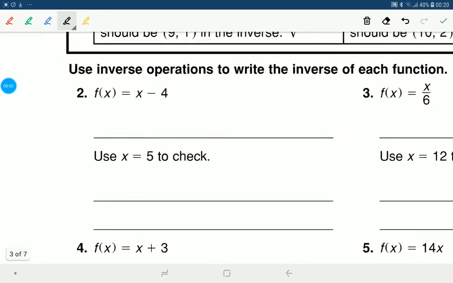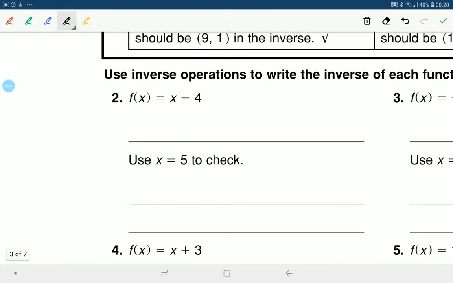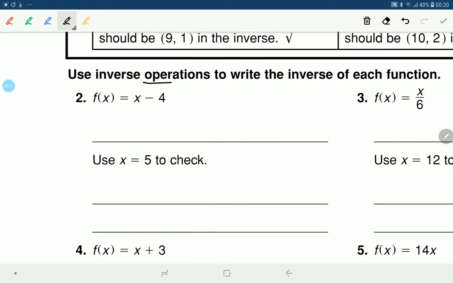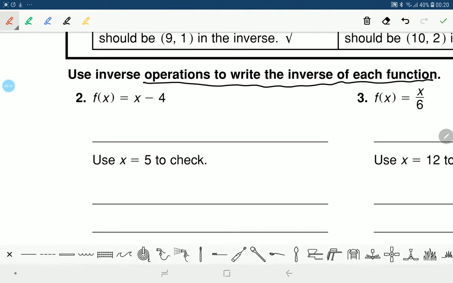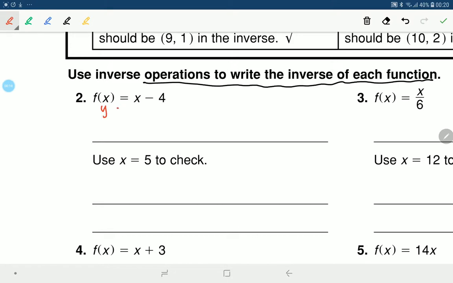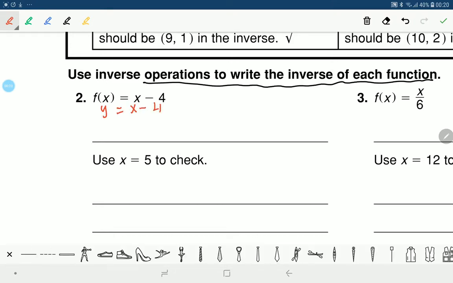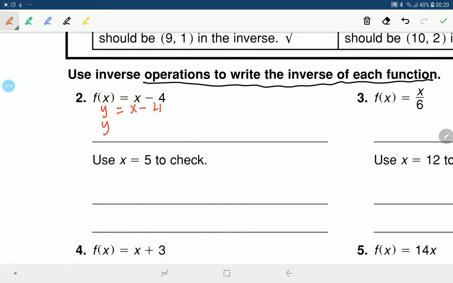Let's have an example. f of x equal x minus 4. Use inverse operation to write the inverse of each function. First of all, we will do y equal x minus 4. Change the f of x with y. The second step, we will make x the subject. So we will have y plus 4 equal x.